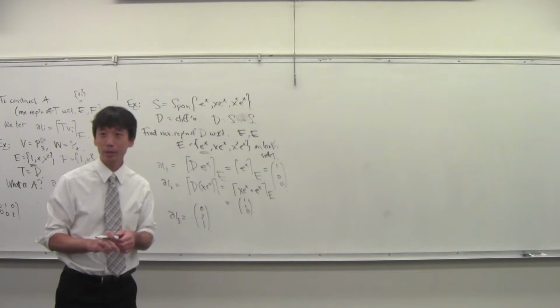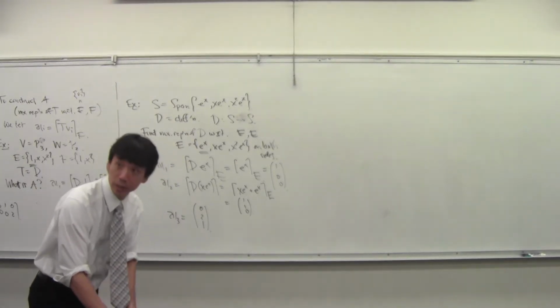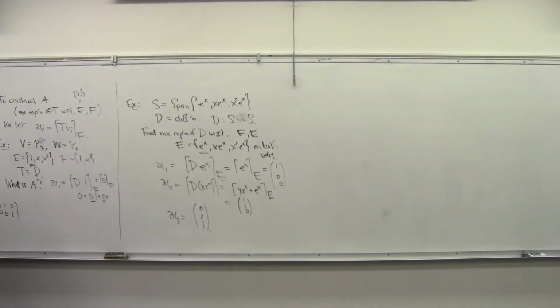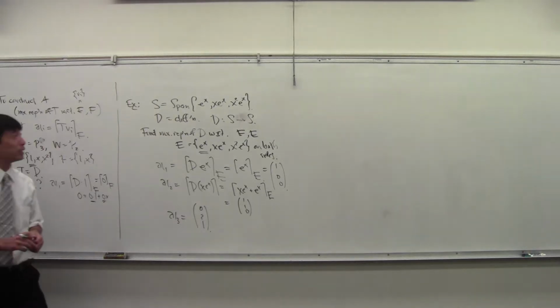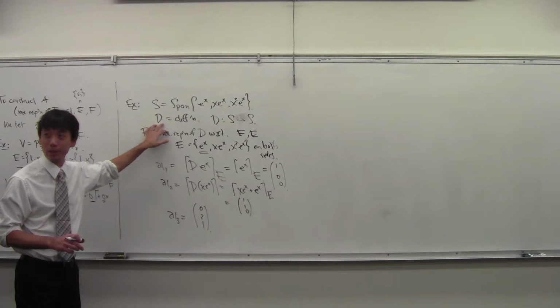Any questions about this? Yes, can we go over what it means that we're doing here? We're creating a matrix that contains all of the information of the linear transformation.